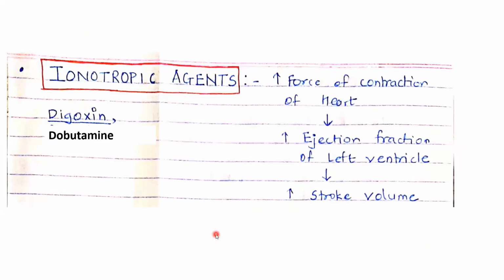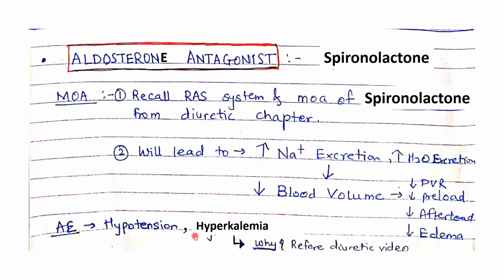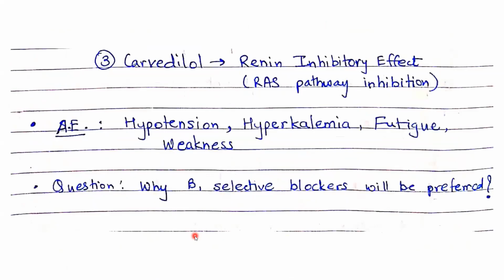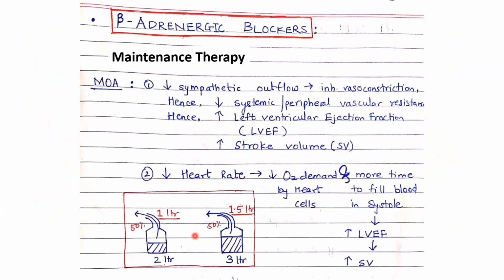Next class of drug is inotropic agents. Before discussing inotropic agents, we will discuss beta adrenergic blockers. Beta receptors belong to the adrenergic system, which is a part of the sympathetic system.